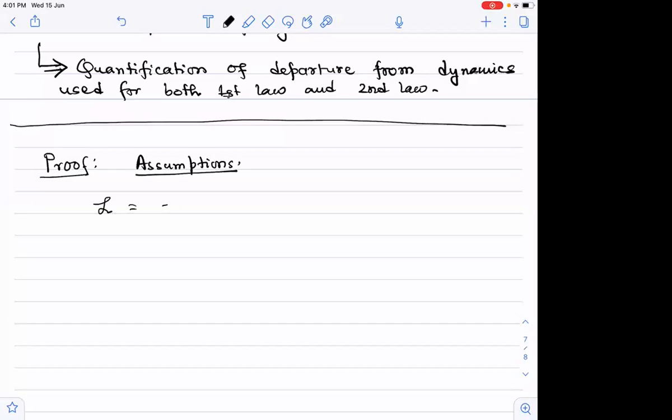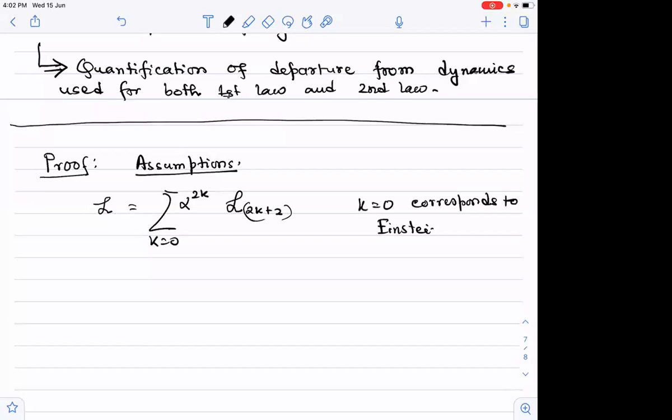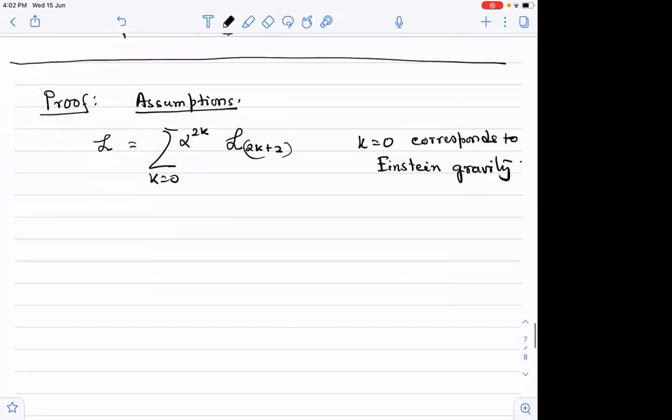The full Lagrangian is a sum over k of alpha to the 2k L k, where k equal to 0 corresponds to Einstein gravity, and the rest is higher derivative gravity.